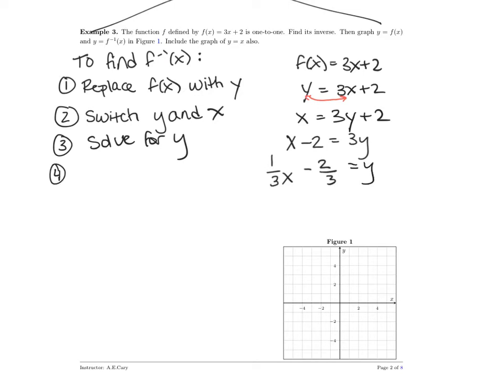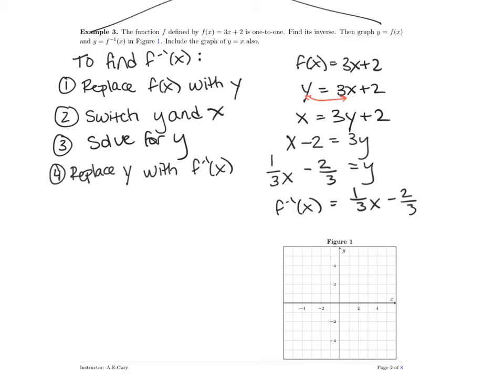So our fourth step is just to undo the first step, which is replace y with f inverse of x. So we can officially say that f inverse of x is equal to 1/3 x minus 2/3.